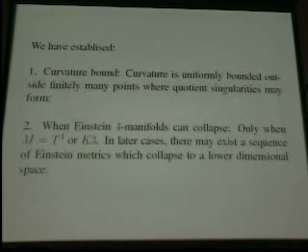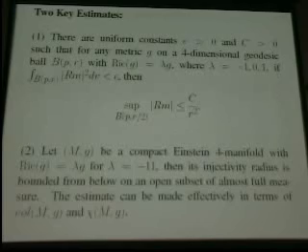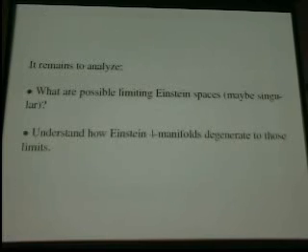In the case of an Einstein manifold with negative scalar curvature, it cannot collapse, because we have a lower bound on the injectivity radius at many points, a sufficiently large set of points. This is a more analytical way, but maybe I'll skip it now. It also remains to analyze what the possible limiting Einstein spaces are.